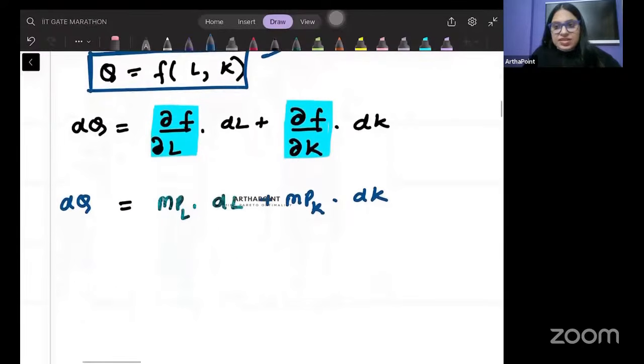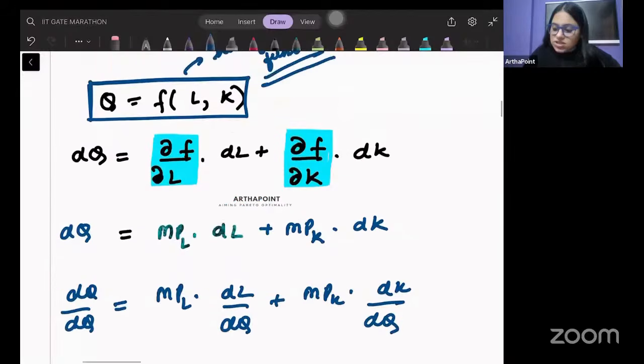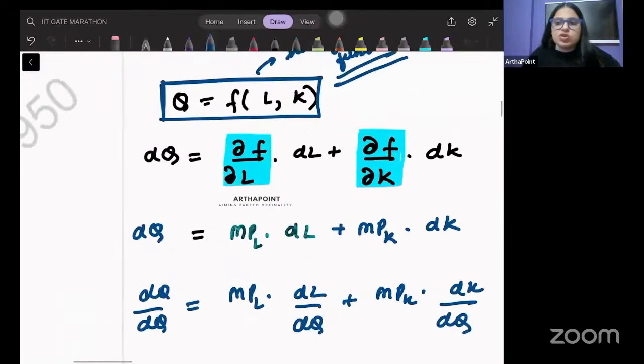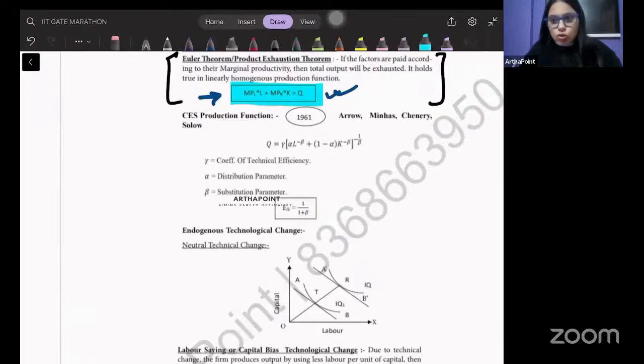So now, once I have got this, what I can do is divide throughout by dq. So I will get dq by dq is equal to MPL dl by dq plus MPK dk by dq. And because this is a homogeneous function, when you solve this, you will end up getting this equation. I have done this in live lectures also: you will end up getting MPL into L plus MPK into K is equal to Q.